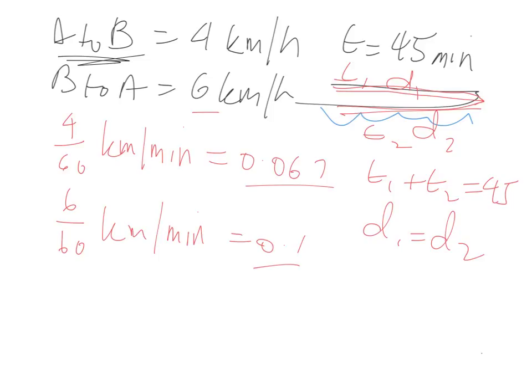There's one other piece of information you're expected to know: speed is a measure of distance over time. Because of that, time is a measure of distance over speed, and distance is a measure of time times speed.